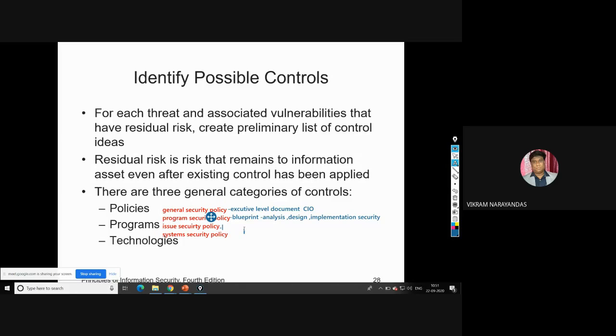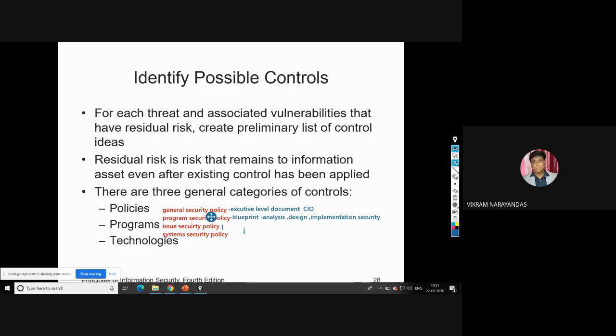Next, issue specific policies. These address specific implementations, with some detailed instructions and restrictions associated with security issues.